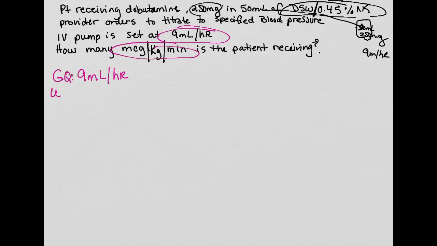So that is my wanted quantity per kilogram per minute. What else do I have on here, though? As we talked about here, we have this dobutamine, 250 ml. So that's the dose on hand that we have. So I'm going to need that in order to calculate.